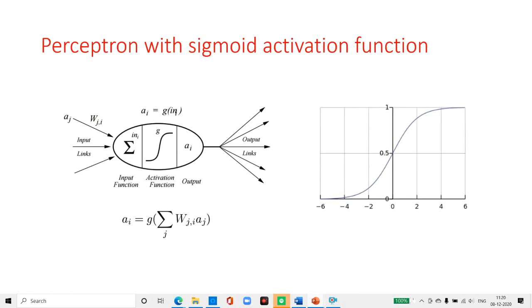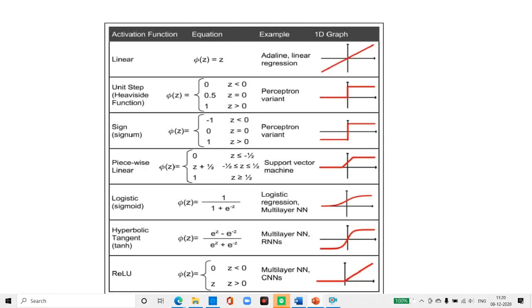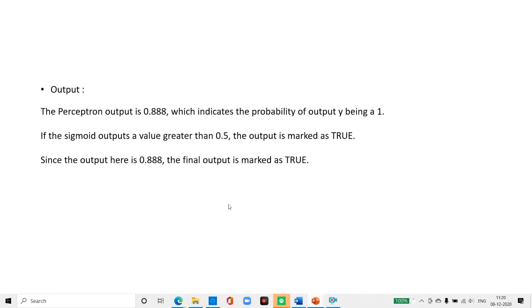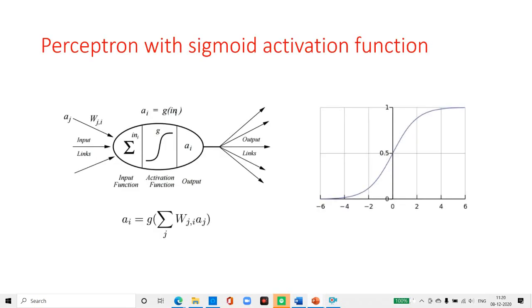So in this example, phi of z, 1 divided by 1 plus e raised to minus z, if we are getting the output as 0.888, then the output is marked as true. Clear?